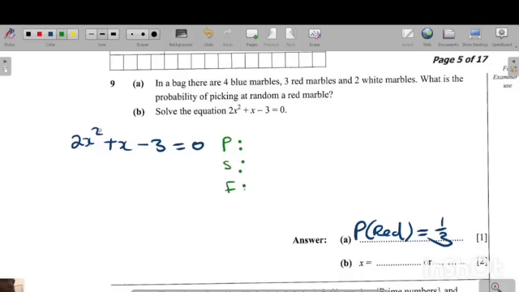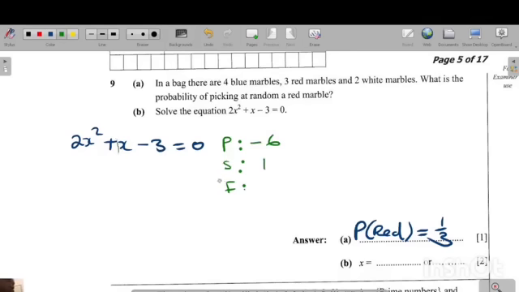So the product is found by multiplying the coefficient of x squared by the constant. So you have the coefficient of x squared, 2, by the constant here. So 2 by negative 3 is negative 6. The sum is the coefficient of x. So in this case, it's like we have an invisible 1 here. So the sum is 1.